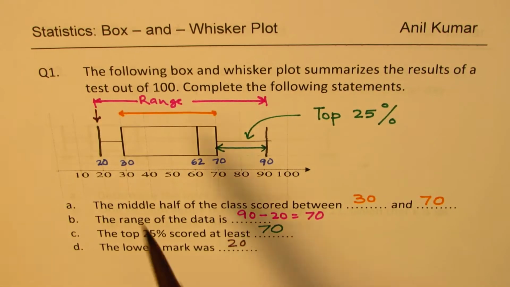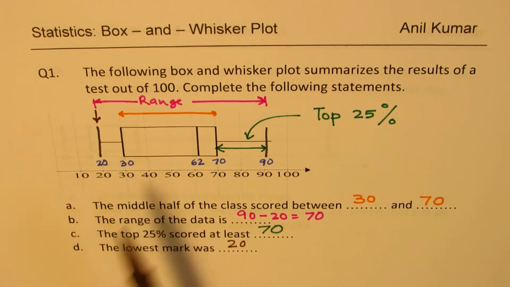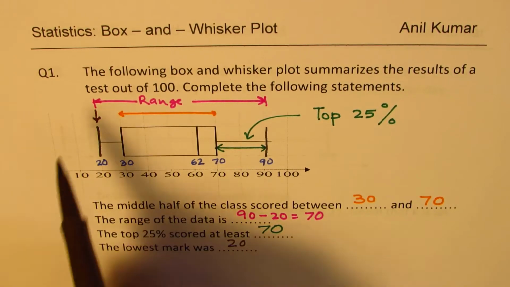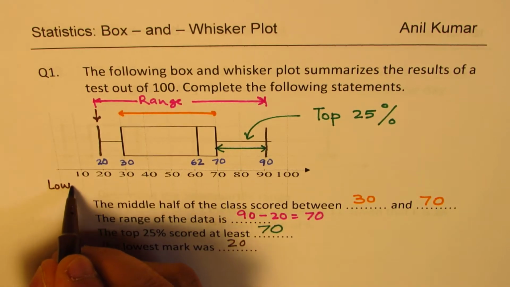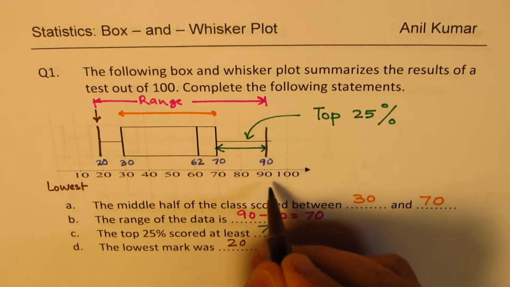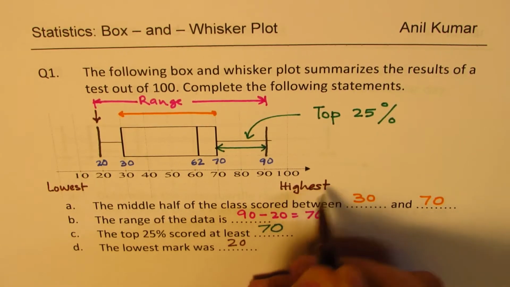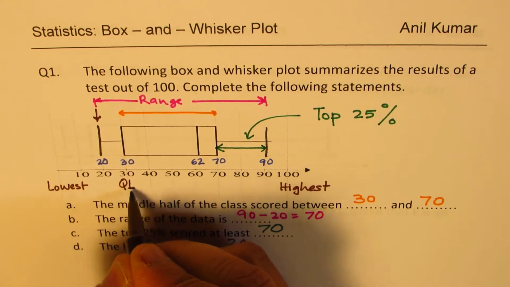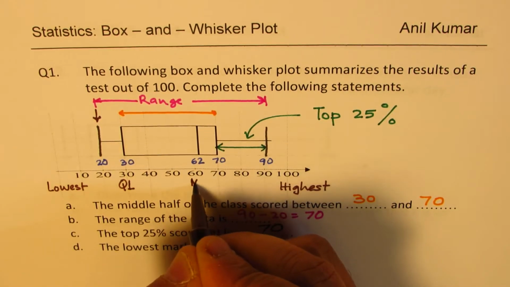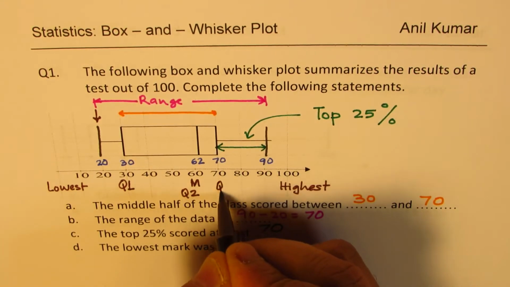So in any box and whisker plot, there are 5 very important things. Lowest, right? So let me write down. So we have 5 important things. One is the lowest, then we have the highest, then we have first quartile, this is median or sometimes referred to as second quartile, and then we have third quartile.